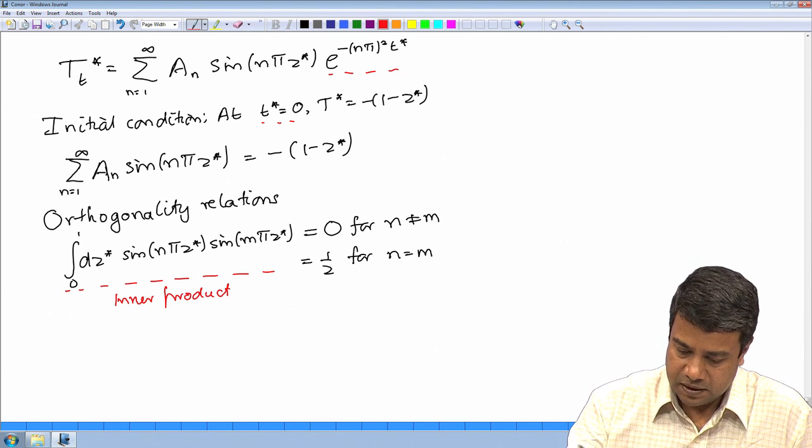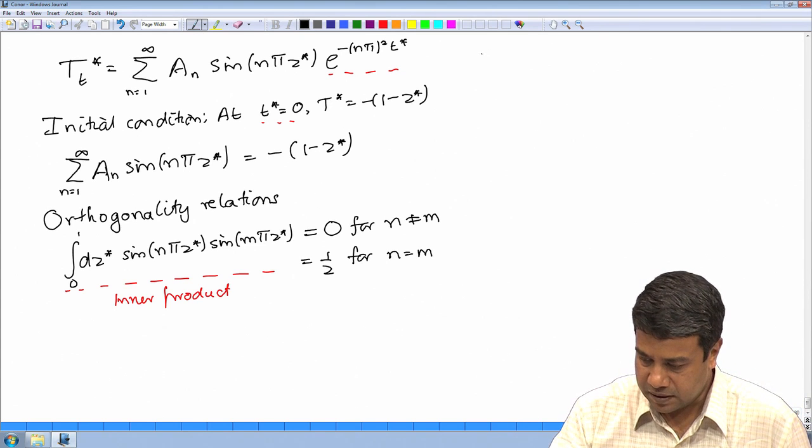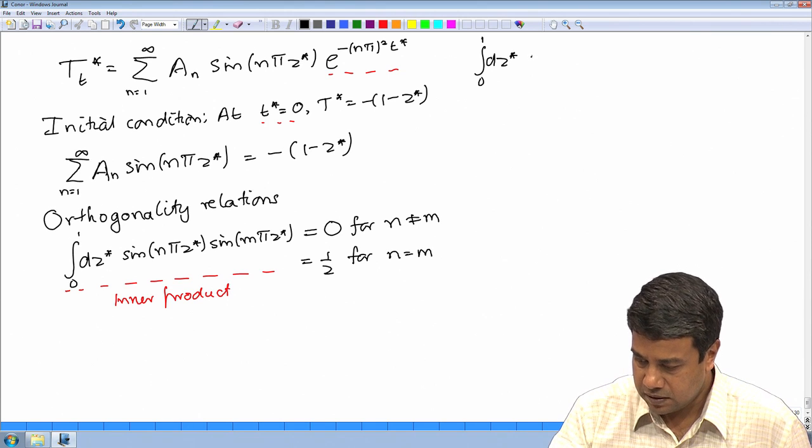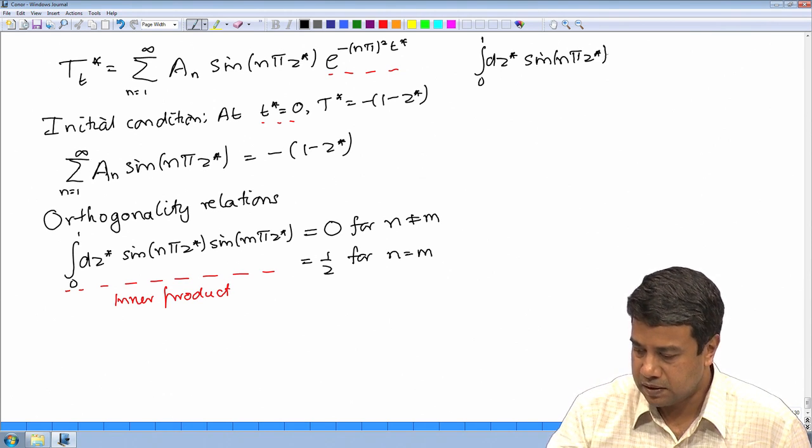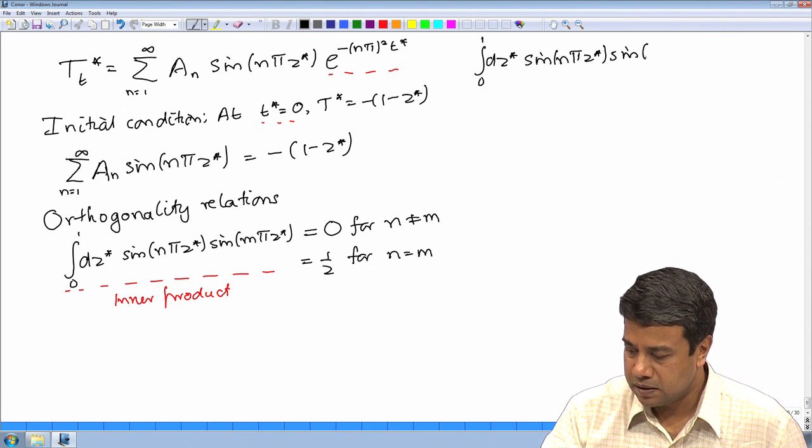So, let us just put the orthogonality relation here. I will write it as integral 0 to 1 dz star sine n pi z star sine m pi z star.